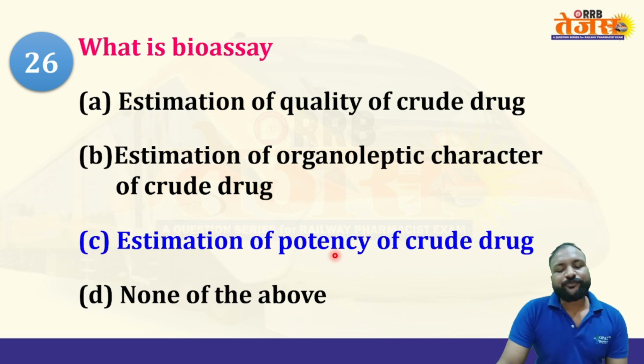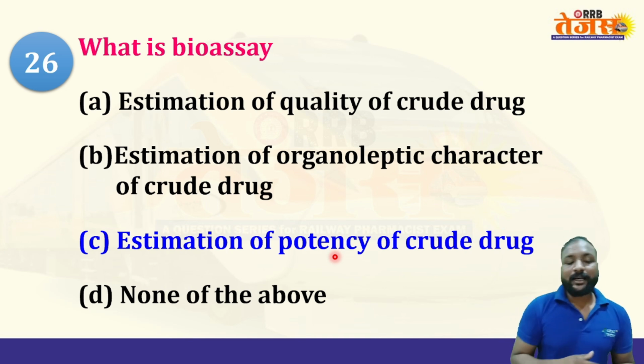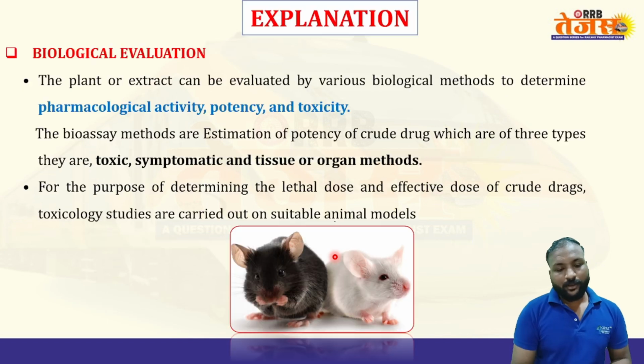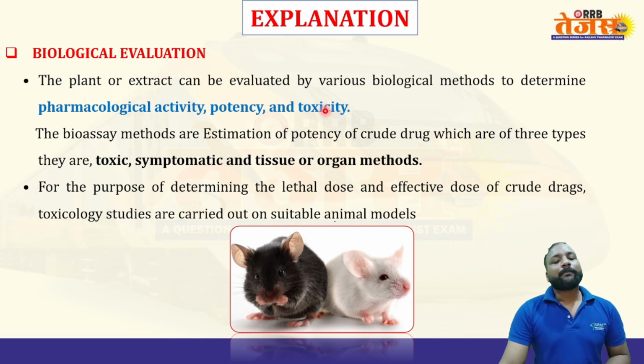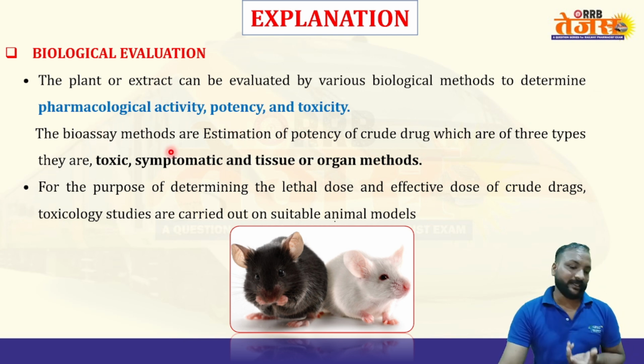Option C is correct. Estimation of potency of crude drug is the definition, or refers to bioassay, because in biological evaluation the plant extract can be evaluated by various biological methods to determine the pharmacological activity, potency, and toxicity.